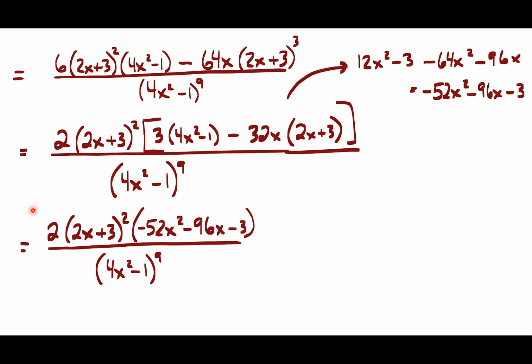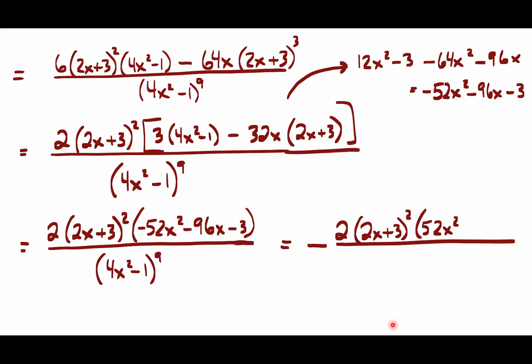So it'd be a minus in front, so what we're doing is we're taking out a negative from here. And we have a 2x plus 3 to the second power, and then we have now a positive 52x squared plus 96x plus 3. Cool.